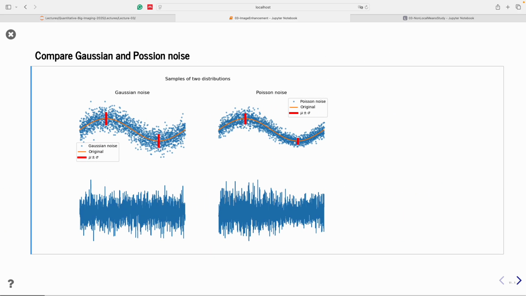Yes? Intensity dependent, is it like the power of the laser, for example? Yes, the power. In principle, when you increase the power, you increase the intensity, and that means you get more photons. So you get a higher photon count, and then you shift it towards a Gaussian.